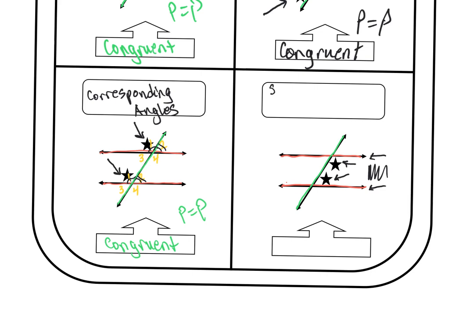These are actually called same side interior, because they're not alternate, they're on the same side. So we call them same side interior or consecutive interior angles. That is the name for these types of angles.